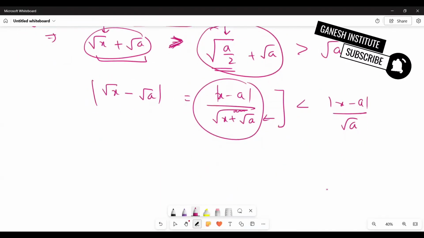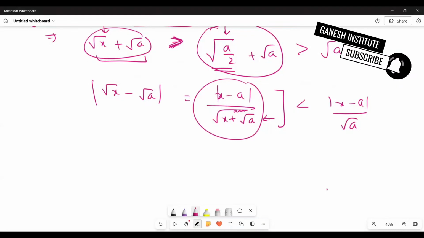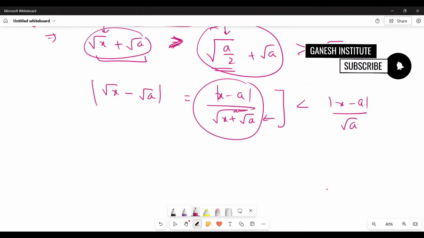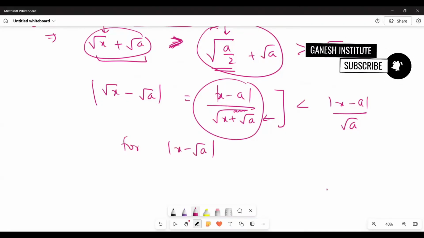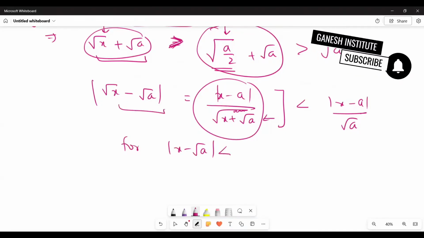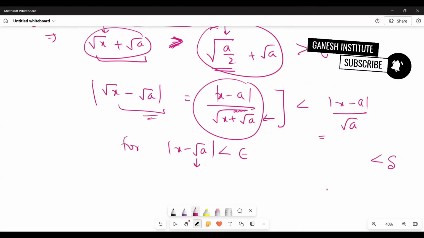So then you will say, now bring that definition into the picture. If you have root x minus root a, which is lesser than epsilon, because you have to say that it is lesser than delta. This is what you have to prove. So if it is lesser than epsilon, that means this value is equal to this one.